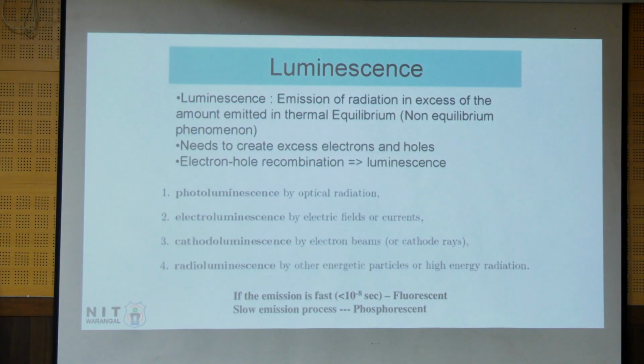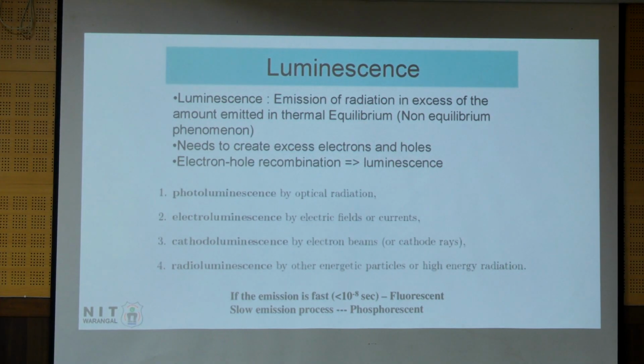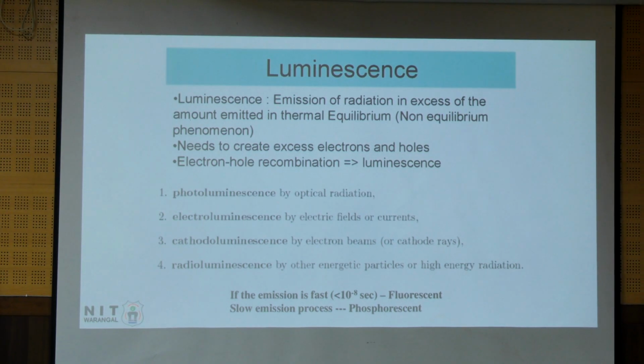If you heat a metal to very high temperatures, you see light emission, but that is associated with the heat you are providing. That's called thermionic emission. There, the red hot iron, and if you increase the heat still more, you will get white emission also, different emission colors, but that is proportional to the temperature you are giving. You cannot call that luminescence.